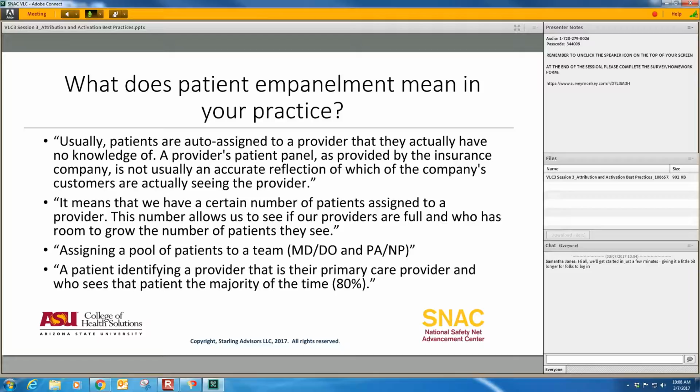Another team views empanelment as assigning a pool of patients to a whole team rather than just one provider. And then another practice reiterates the medical home concept of empanelment being a patient identifying that a provider is their primary PCP, and they're going to see that provider the majority of the time they interact with the practice.